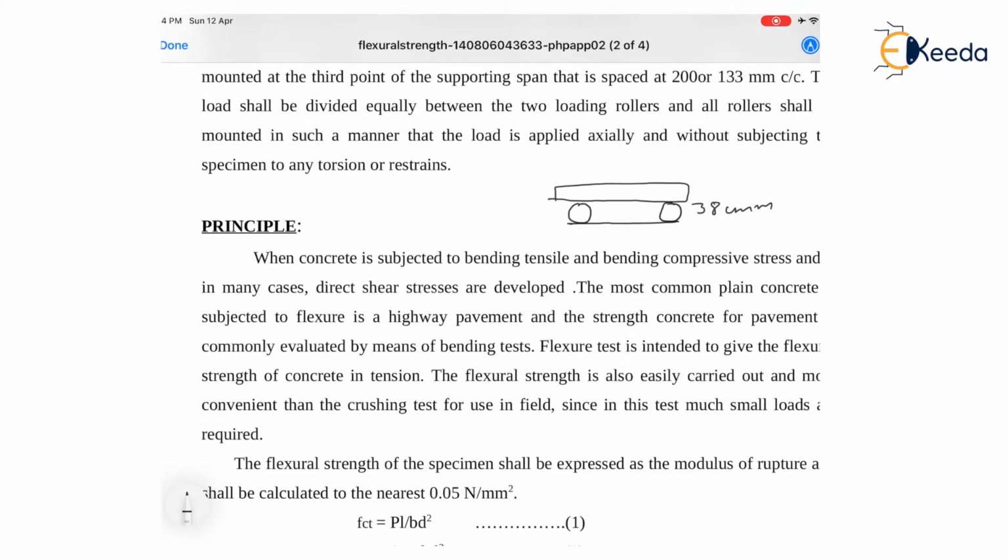And then we have the third roller which will be useful for applying the load on it.